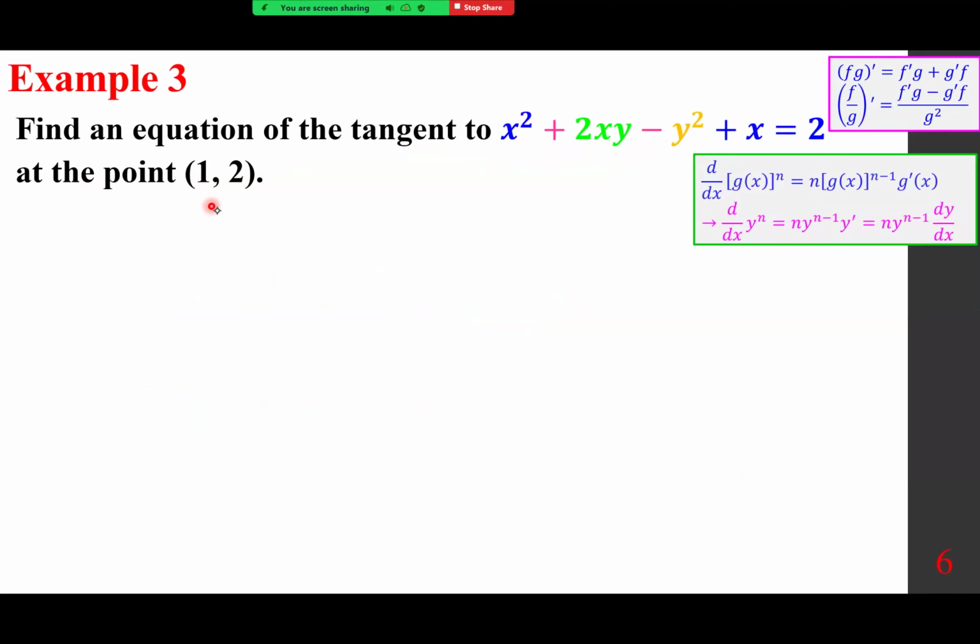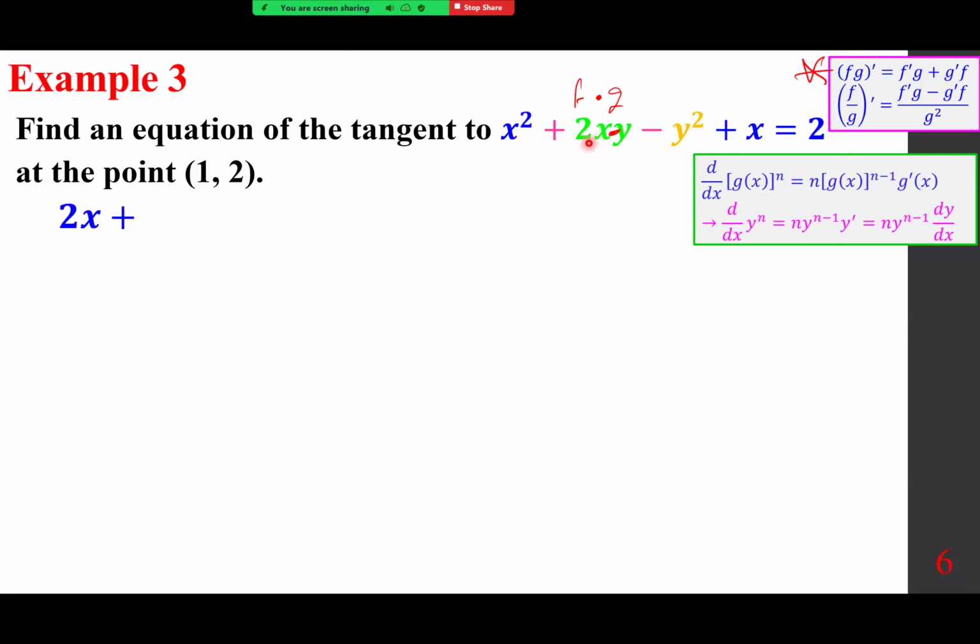So we are going to differentiate this implicitly, and what we have here: x squared, the answer is 2x, then plus 2xy. We use the product rule on that, f prime g plus g prime f.